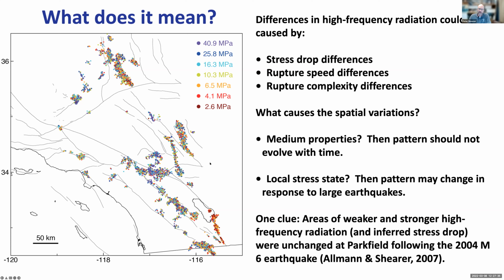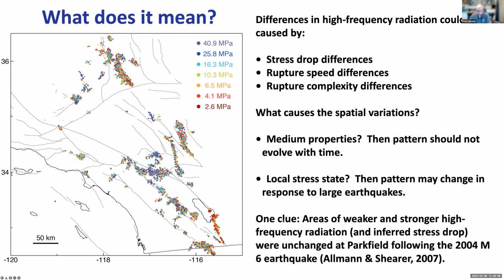It could be that the rock or the faults aren't the same. If that was the case, then when you have a large earthquake that is going to change the stress state of the crust, you would still expect to see the same thing. Or it could be somehow in response to the local stress state, in which case these high and low stress drop regions might change.